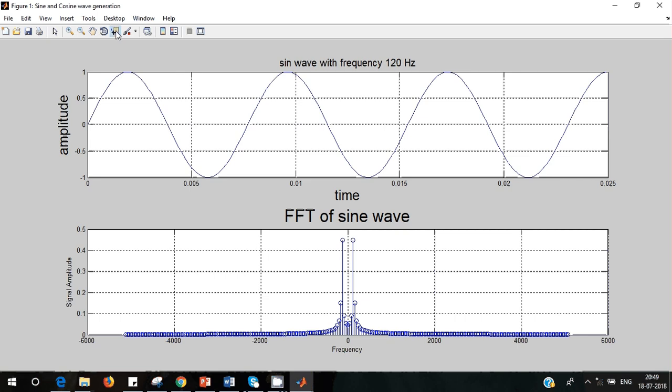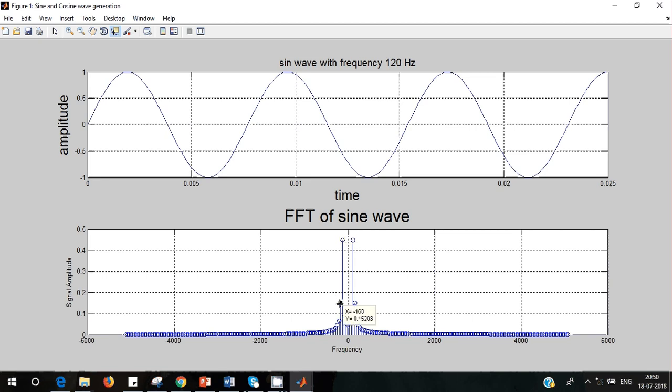The FFT bin number cannot be a non-integer, but the FFT understands that your frequency of 130 is somewhere lying between 120 and, I can say, 160.